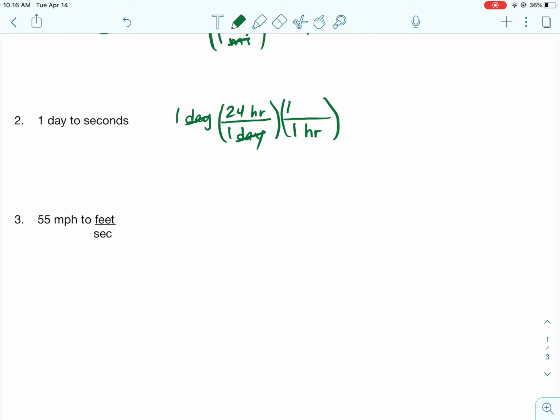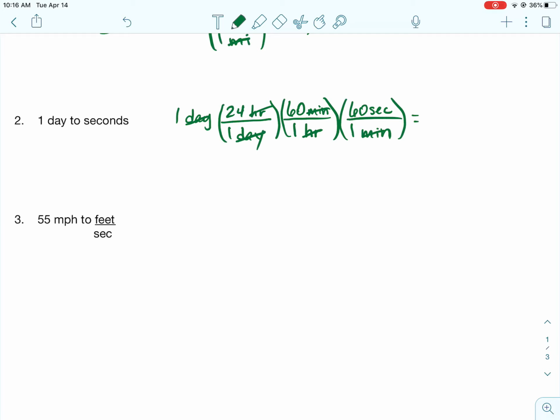And so that will cancel days. And then next, I'm going to change hours. So because hours is in the numerator and we want to cancel it, we'll put hours in the denominator. And I know that there are 60 minutes in 1 hour. So that will cancel hours. And remember, we're trying to get to seconds. So I have minutes. I don't want minutes.